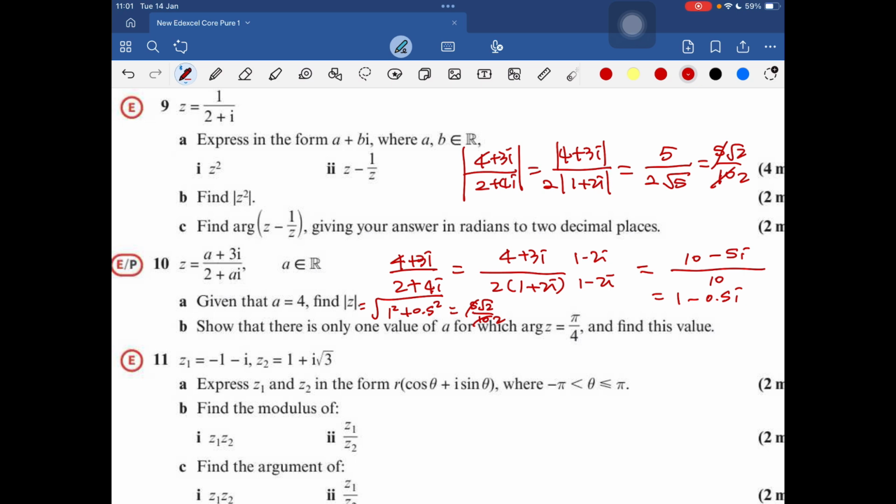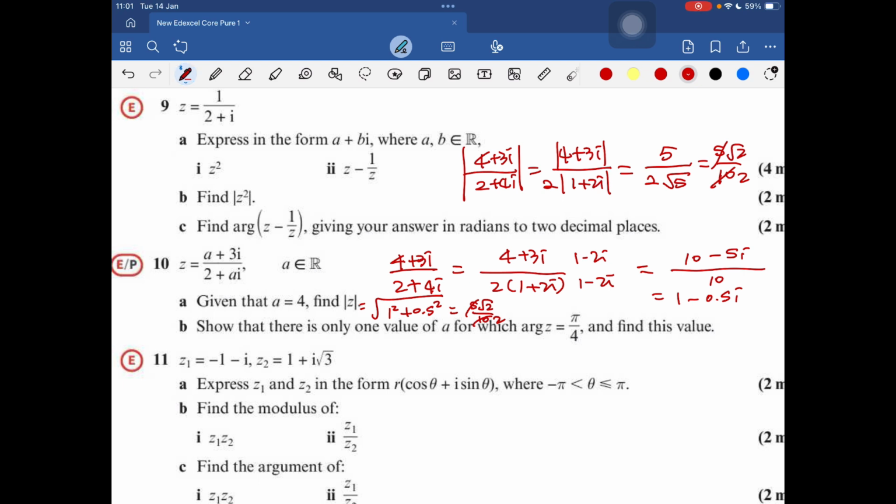Part B: show that there is only one value of a for which the argument should be pi over 4, and find this value. Okay, so the argument is a little bit different.